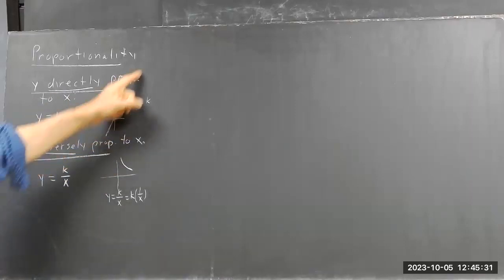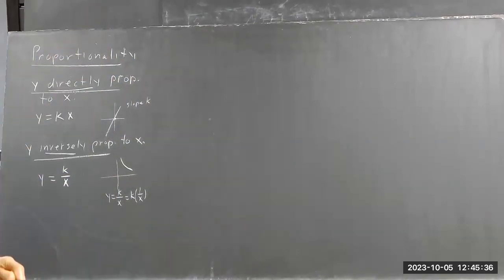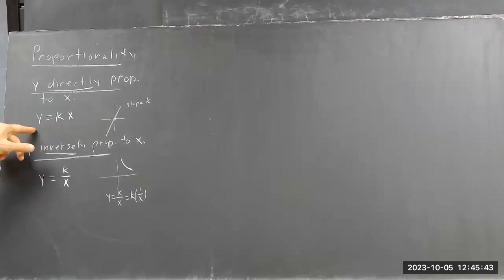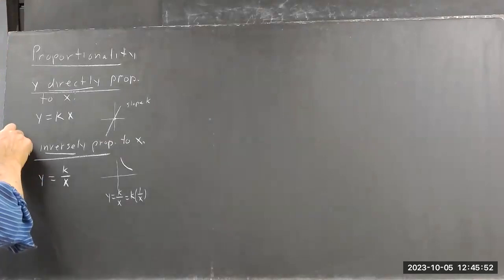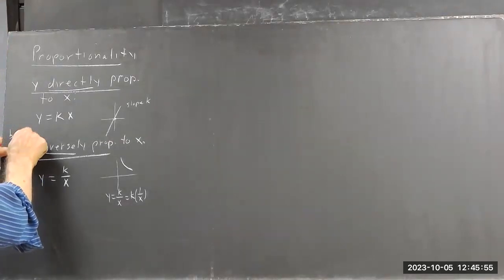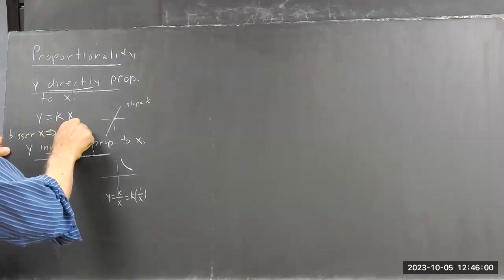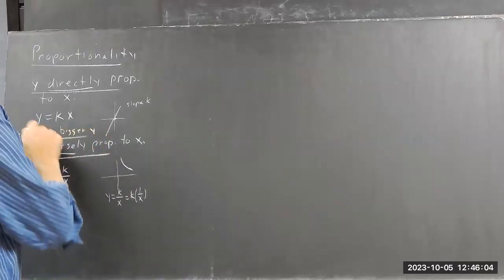You see that in the graph. X gets bigger, Y gets bigger, right? Or you multiply an X by some number K. If you multiply a bigger number by K, you're going to get a bigger value, right? So we can say one characteristic of a direct proportionality is bigger X implies bigger Y.